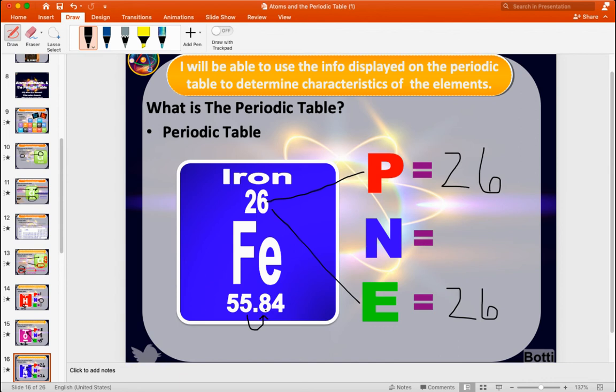We're going to look at this 8 tenths, and we know that 8 is 5 or larger, so we're going to round this up to 56. 56 minus 26. And we're going to do our little bit of math, and we know that that's going to give us 30. Okay, so we have 26 protons, 30 neutrons, and 26 electrons.